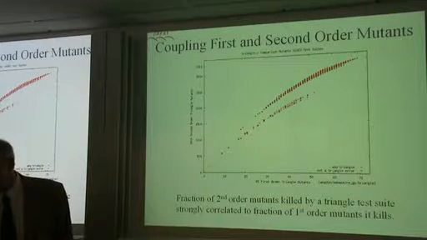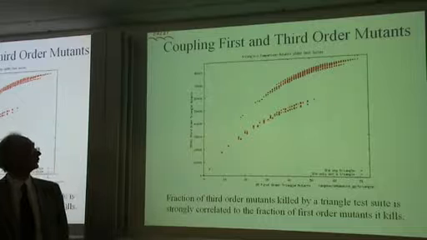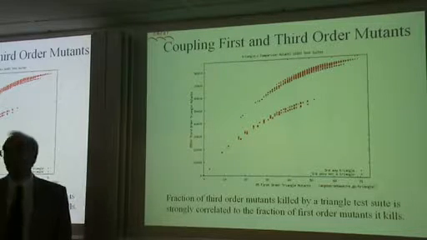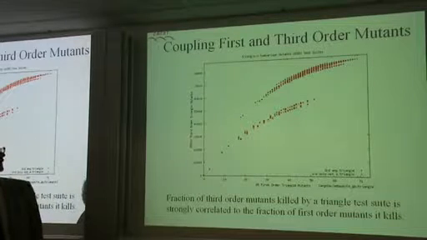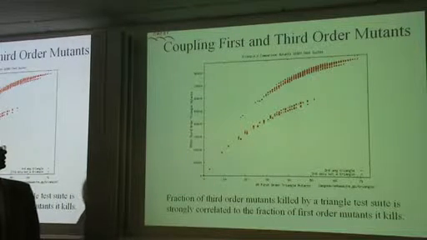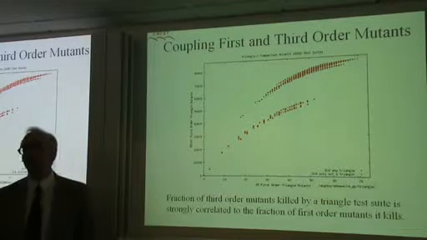And the same thing more or less holds with the relationship between second and third order. It's no claim to novelty, it's just nice to back up statements that have been put out as sort of hearsay with data.